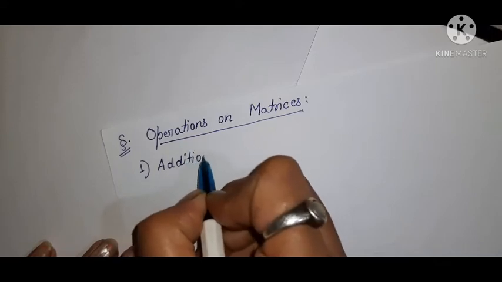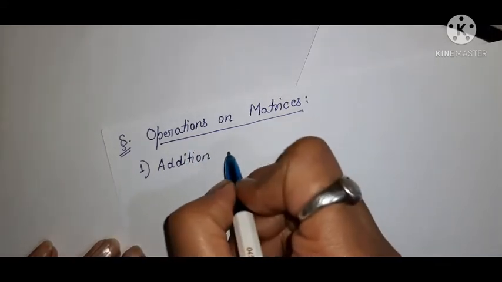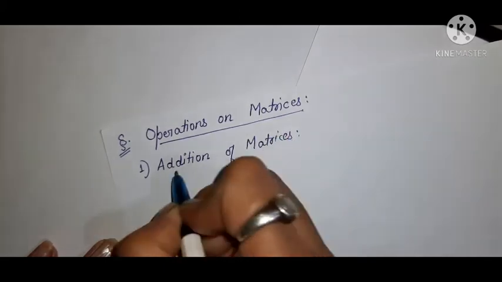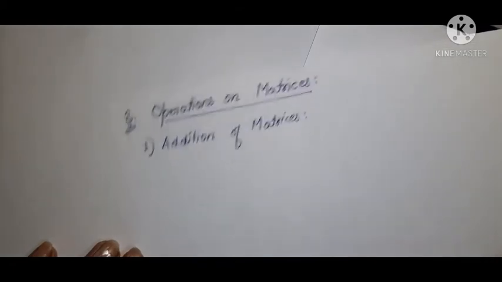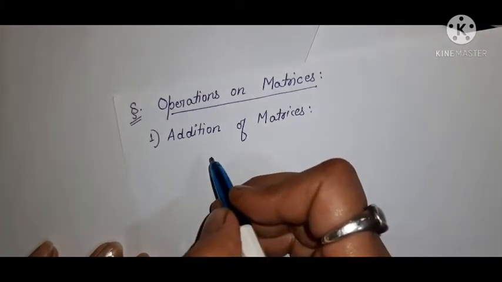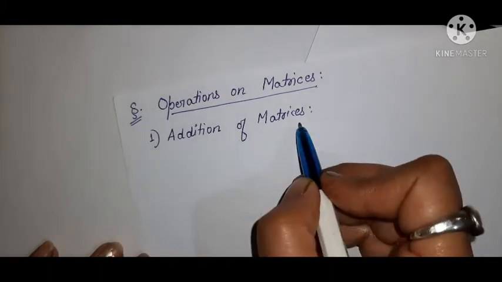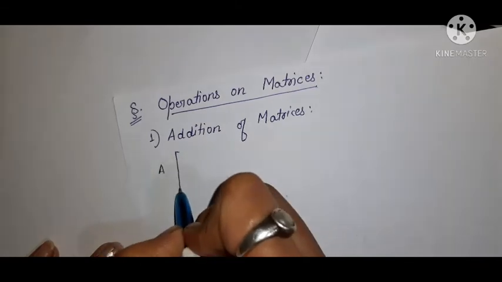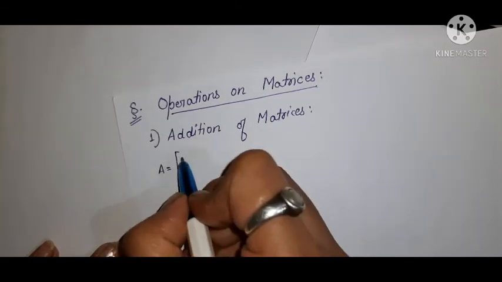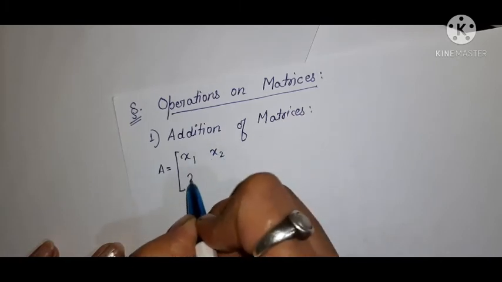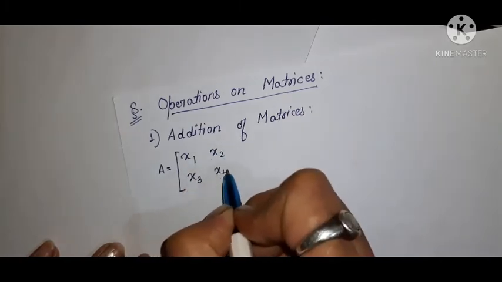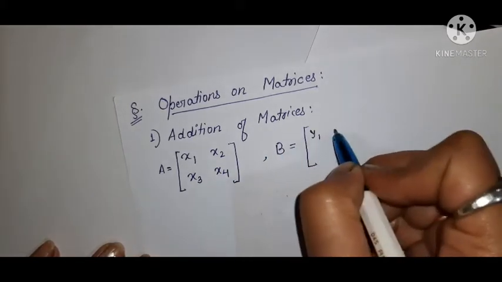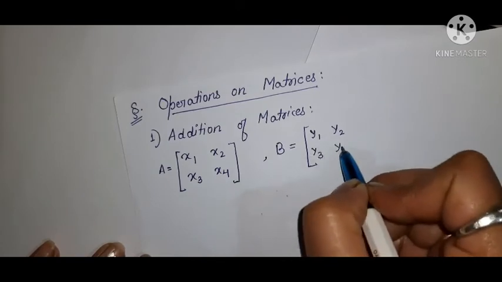Means how we add two matrices. Addition of two matrices or addition of matrices. In place of 2 you may have 3, 4, any number of matrices. So if we have to add two matrices, suppose I have matrix A defined as x1, x2, x3, x4 and the other matrix B is y1, y2, y3, y4.